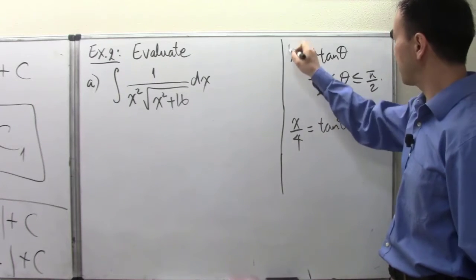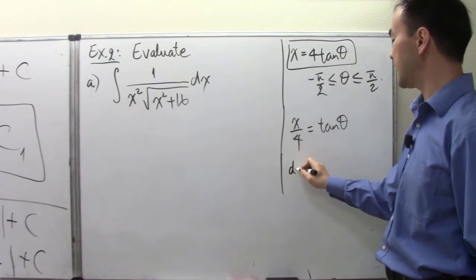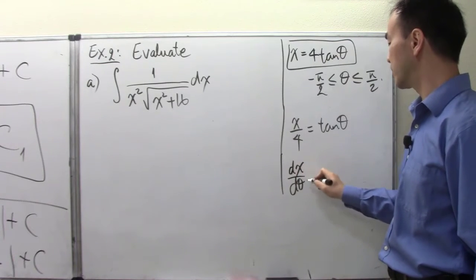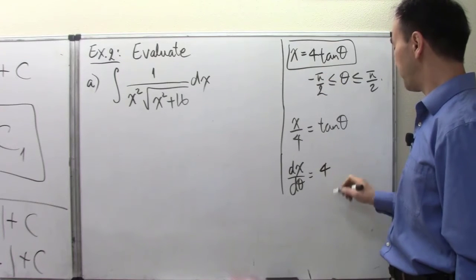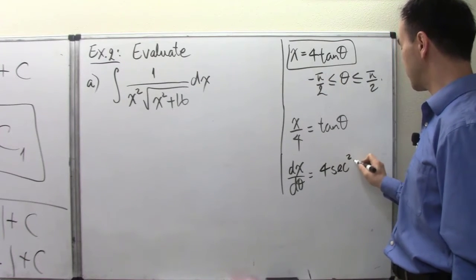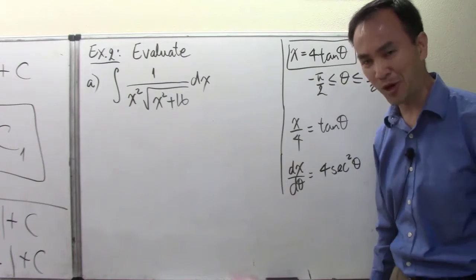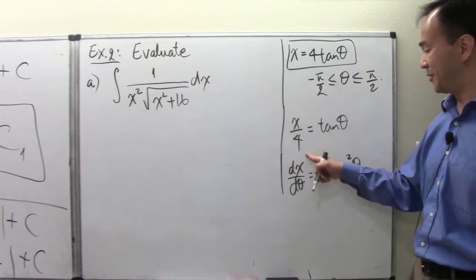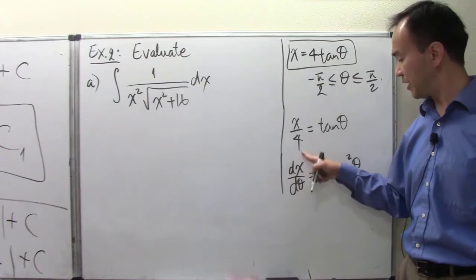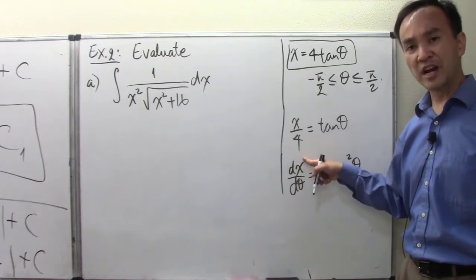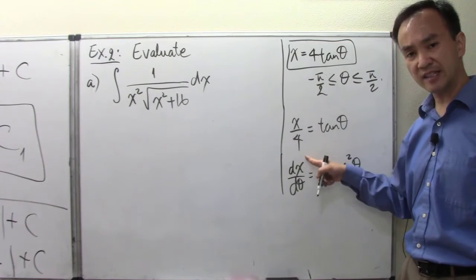But then right from here, if x equals 4 tangent theta, then dx d theta, taking the derivative of our function x in terms of theta, gives me 4 times secant squared of theta. Okay, and just like how I explained many times now in this lecture, aside from seeing this as a notation for derivative, we also see this as a ratio of two differential expressions, dx and d theta.